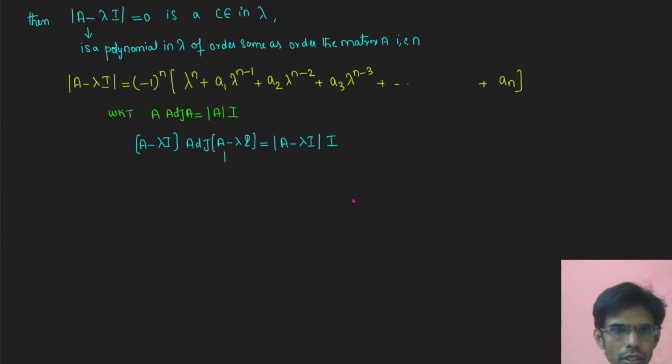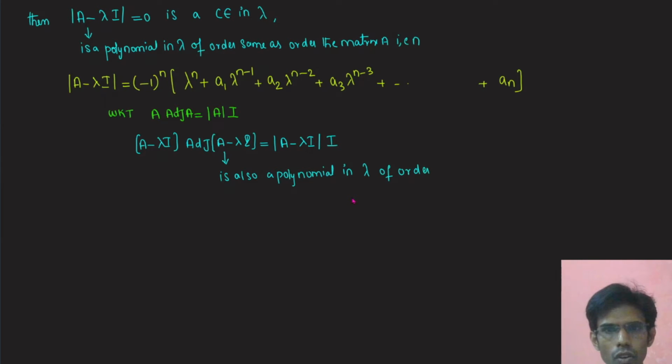Now here this adjoint of A minus lambda I is also a polynomial in lambda, but its order is less than n, will be n minus 1 or less.